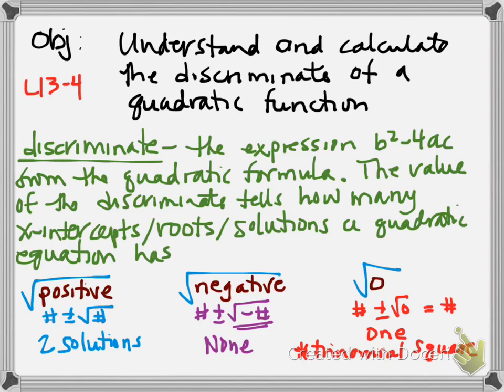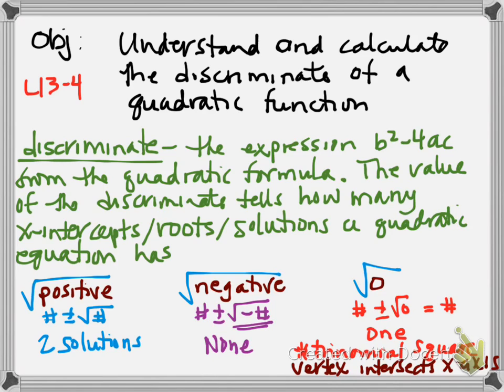What part of the parabola is intersecting the x-axis when I have one solution? The vertex. So the vertex is what intersects the x-axis.